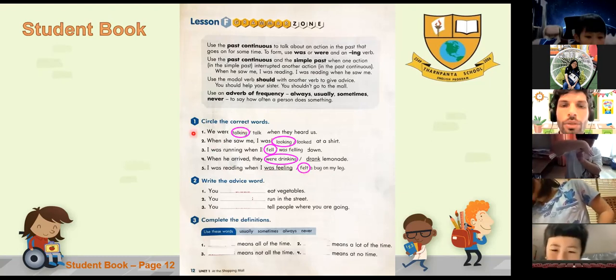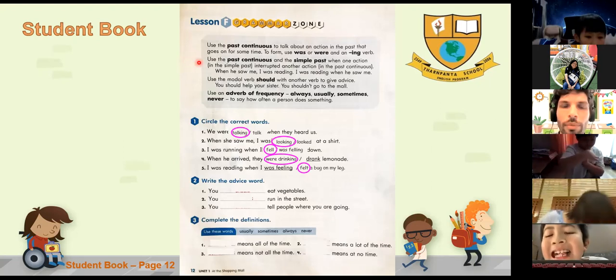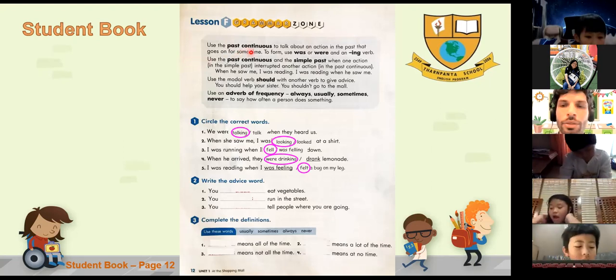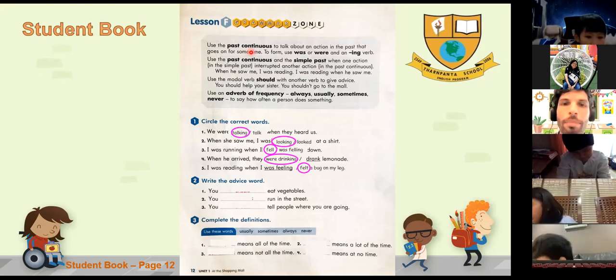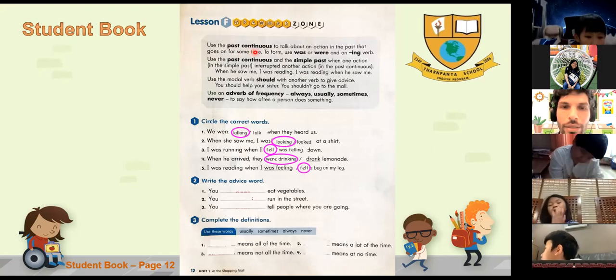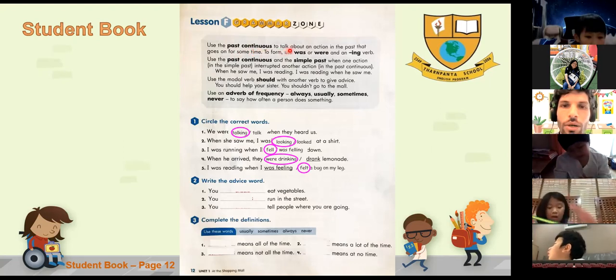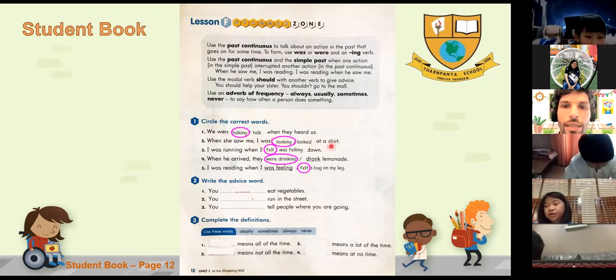So again, I'm going to repeat the rules one more time. When do we use the past continuous tense? We use it to talk about an action in the past that goes on for some time. For example, we were talking, I was looking at a t-shirt, I was running, they were drinking, I was reading.